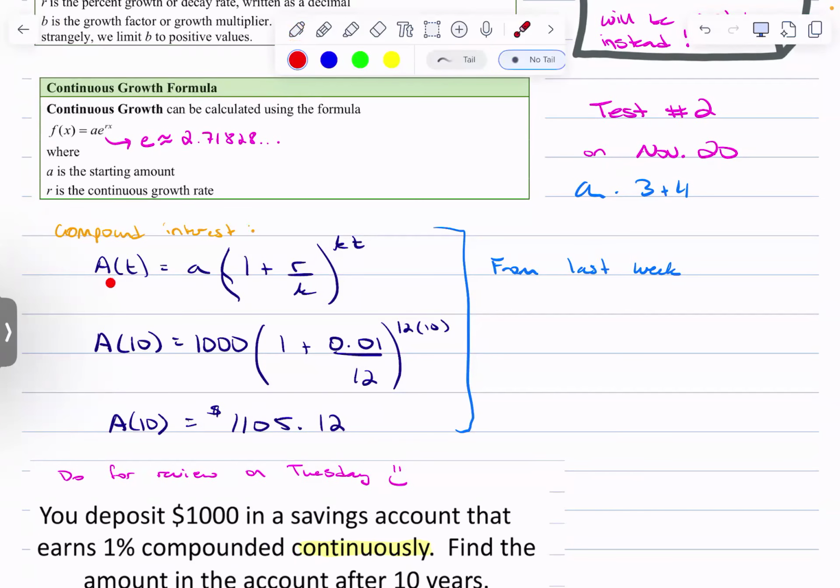So the accumulated amount in an account after some years T is going to be A, which is your starting amount, times 1 plus R, the interest rate as a decimal, divided by K. K is going to be the number of compoundings per year. So usually monthly or semi-annually, right? And so K is the number of compoundings per year.